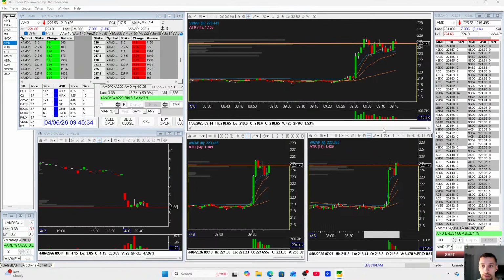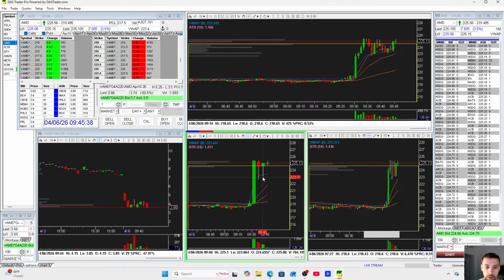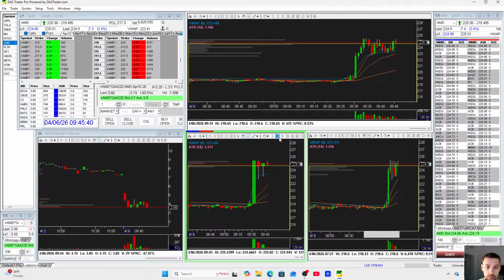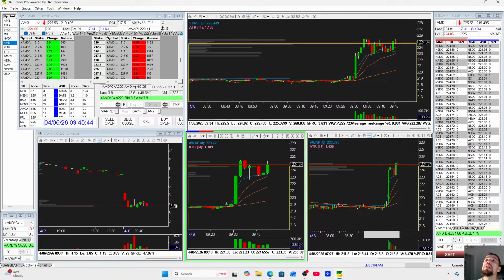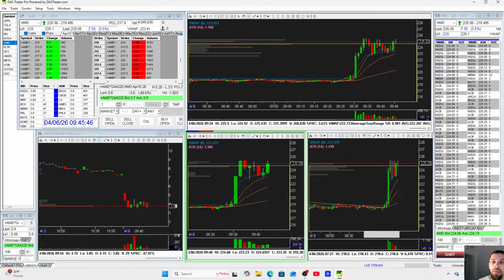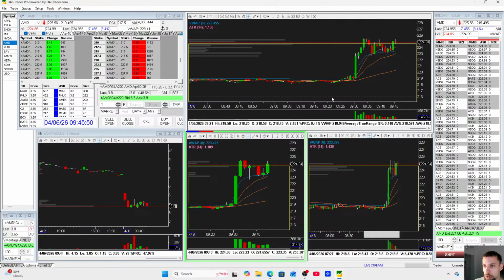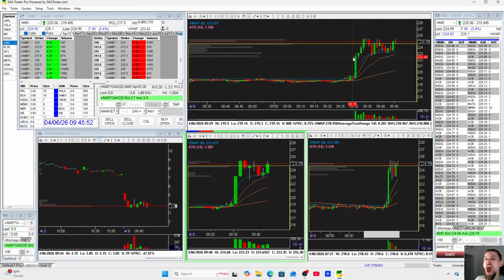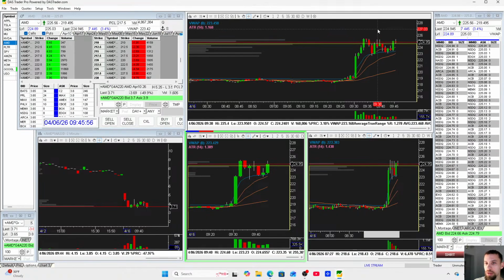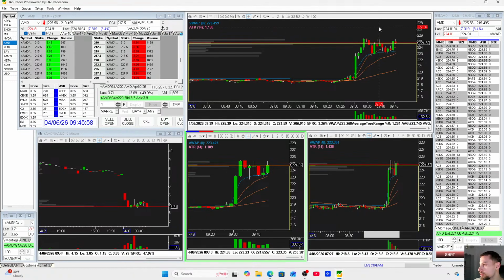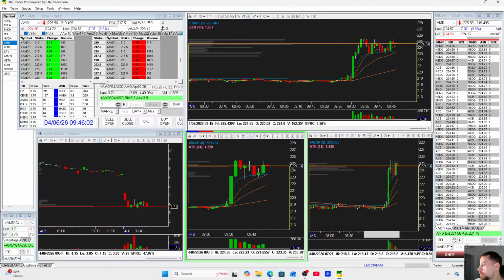It's a little too extended from VWAP on the 5 for me to trade, but look at that. Sold up, bought up, sold up, bought up. That's really nice. Let's see if it's gonna get away from this 225. The ATR is around 227, so might be something interesting. It's going to happen around that level.